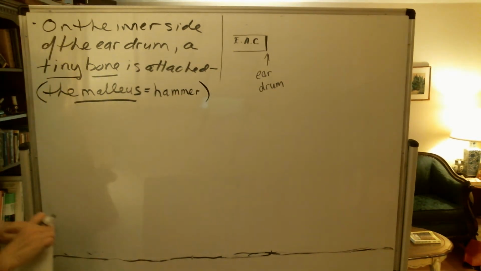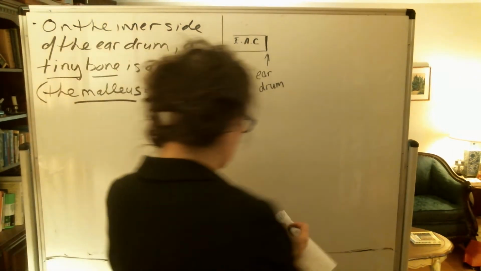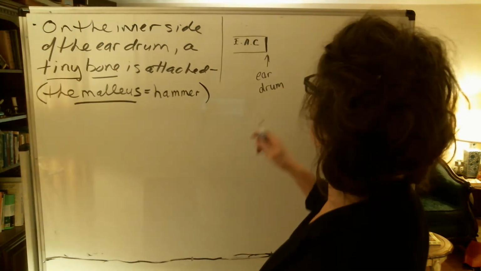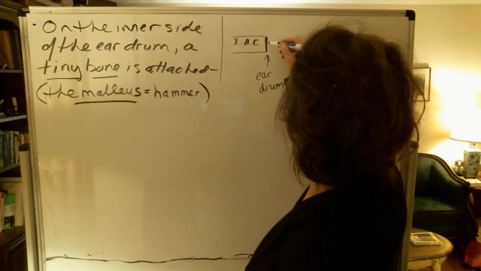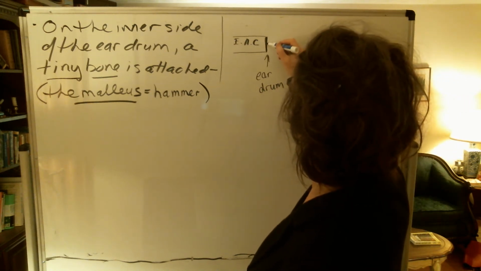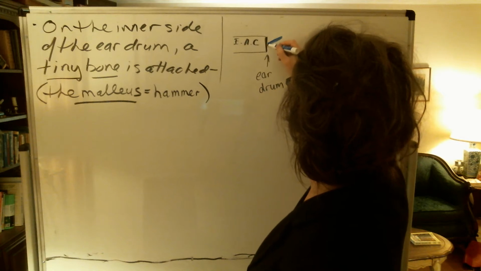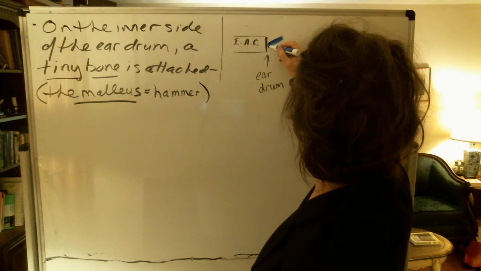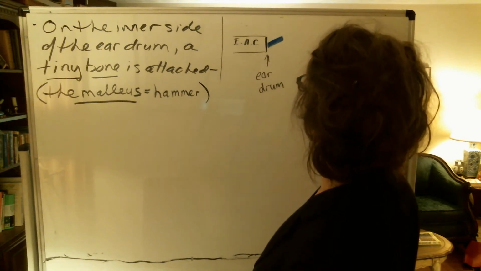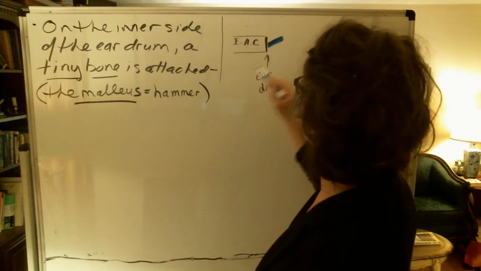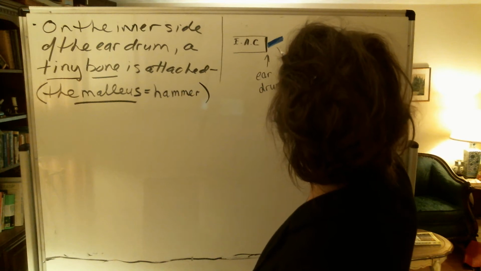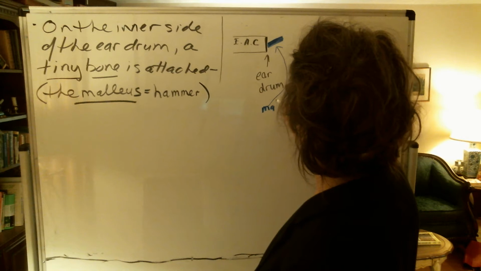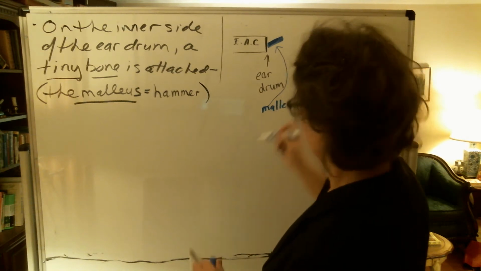Which translates to hammer. So what I'm going to do here is that I'm going to make this highly diagrammatic. I'm not going to try and draw a tiny hammer, but I am going to indicate a bone here. So here we have a bone. I'm using blue for bone here. So there we have a bone. And this bone then is the malleus.